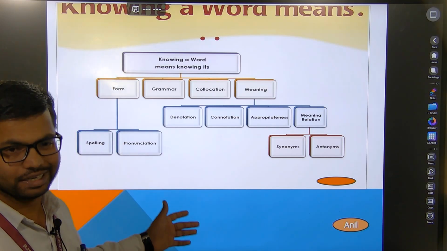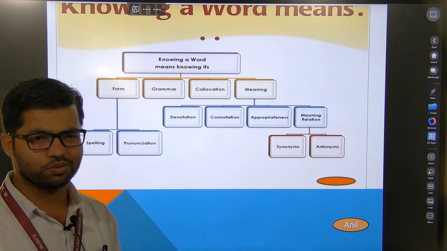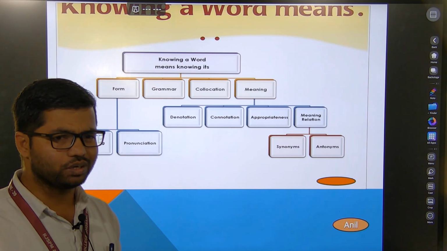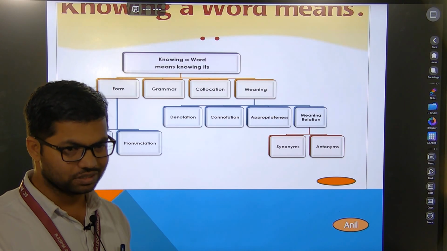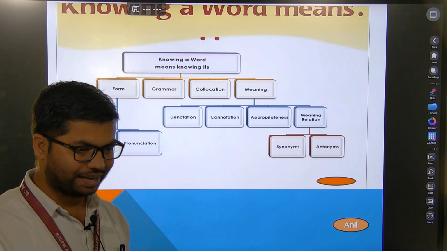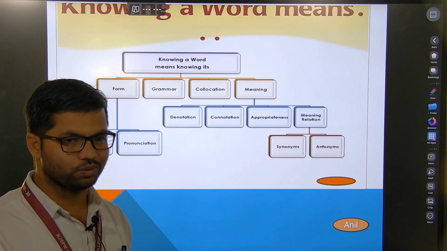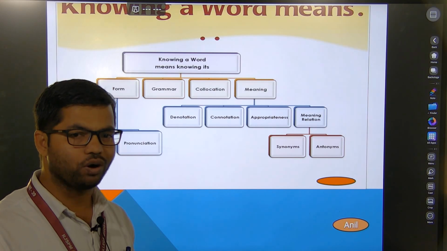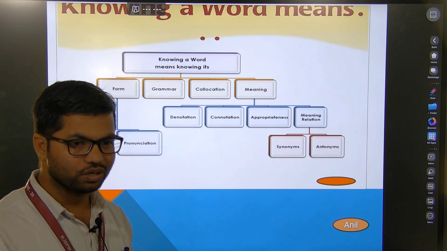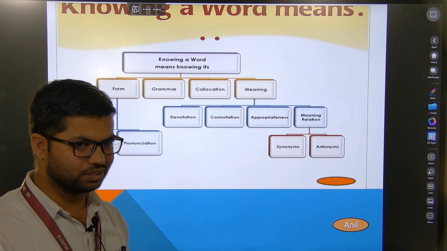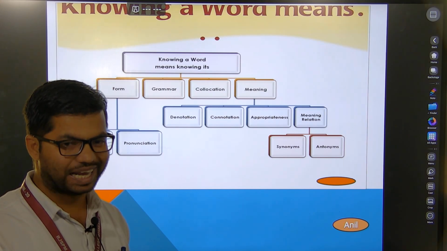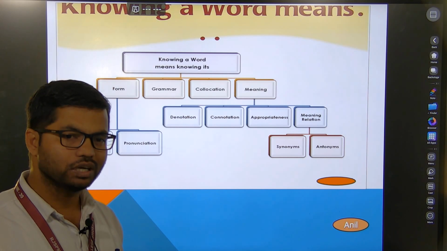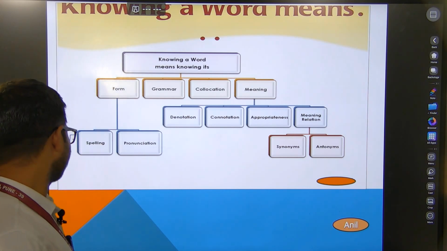So, while dealing with words, I must suggest that while reading, while listening, while attending lectures in the class, if you find a difficult word, you should find all these aspects of the word, so that once you remember these, you cannot forget that word, and it will be useful for you as an active vocabulary in your day-to-day life.